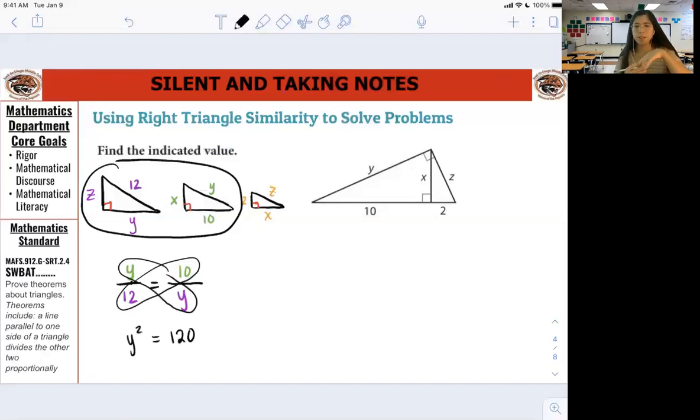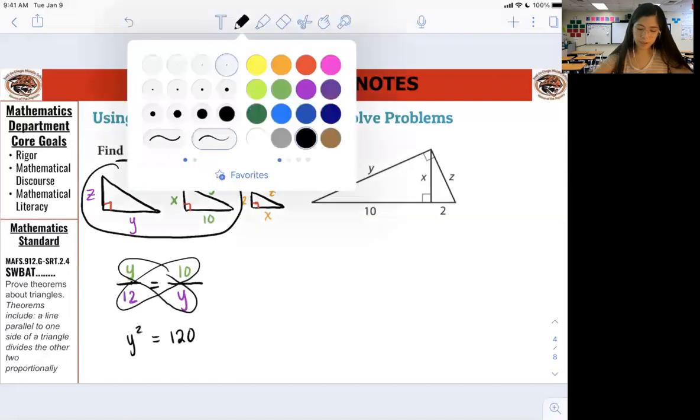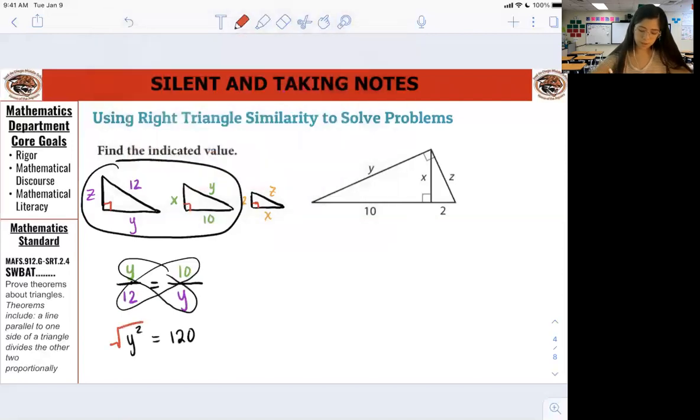There we go, Perla. So remember that if you have an exponent of 2, the opposite of that is the square root. So what we can do is take the square root of both sides to cancel out the exponent. So this cancels out my exponent. I have Y equals the square root of 120.